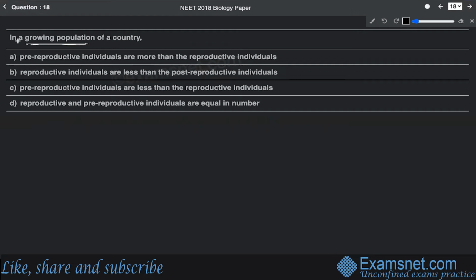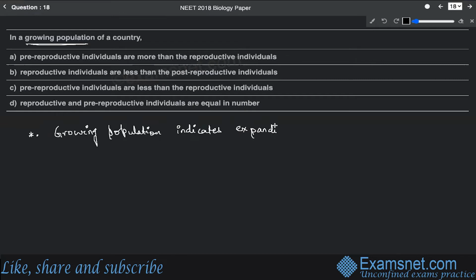So since here it is asking about the growing population, growing population indicates expanding population.